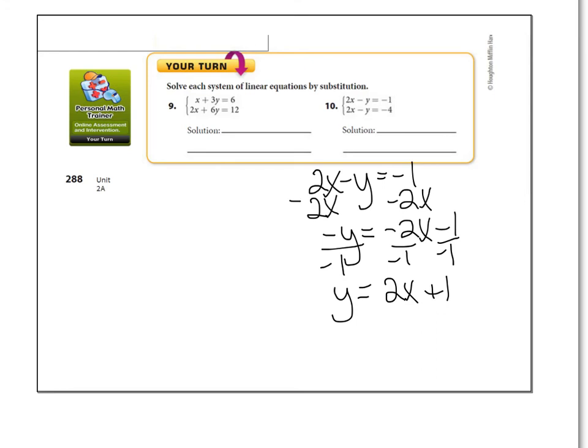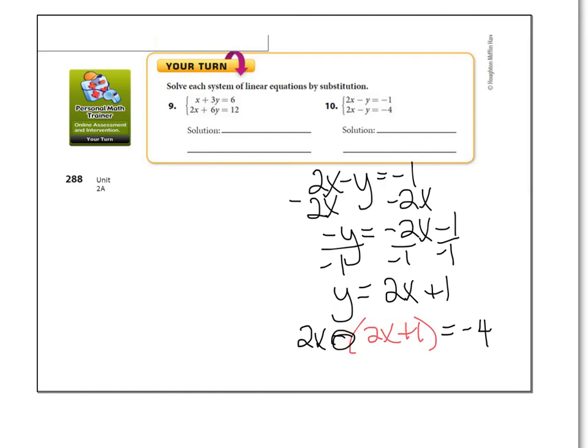So the second equation starts off as 2x minus, and then it's y. Well, we know that y is 2x plus 1. And then I continue writing the rest of my equation, which is equals -4. So now we take this negative and distribute it.